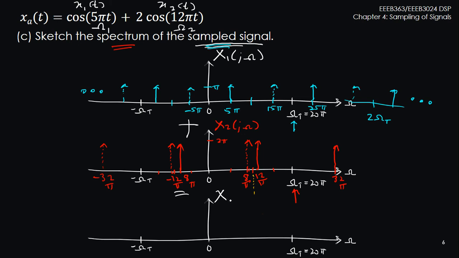We'll call it Xp(jω). Recall that we use the term p here to signify that it's been multiplied by the periodic pulse train, which makes it sampled. So to combine the two, we have to draw out both on the same scale.